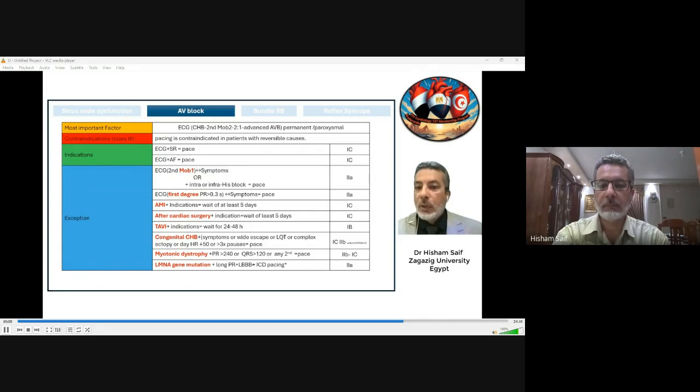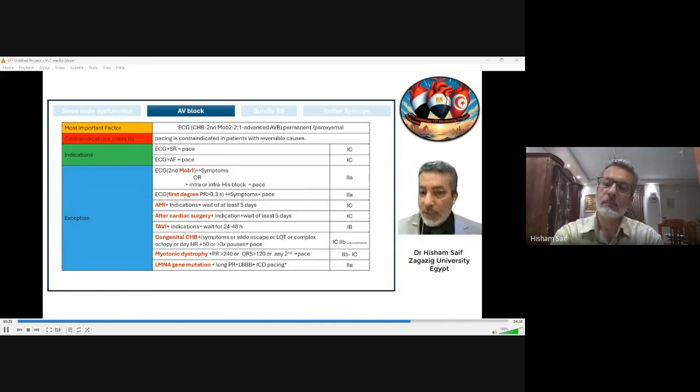In patients diagnosed with myopathy and lamin gene mutation, if there is a PR prolongation or left bundle branch block, not only a pacemaker is indicated, but an ICD is indicated. The same applies to patients with sarcoidosis: if indicated for pacing, an ICD should be implanted.